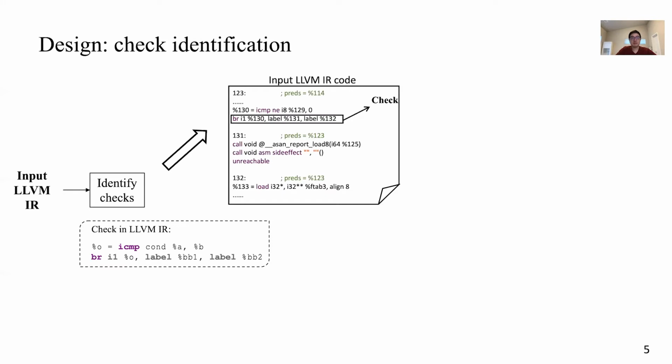Specifically, SanRazor starts by identifying both user-defined and sanitizer checks. In LLVM-IR, each check can be represented as a comparison instruction, followed by a control flow transfer instruction.